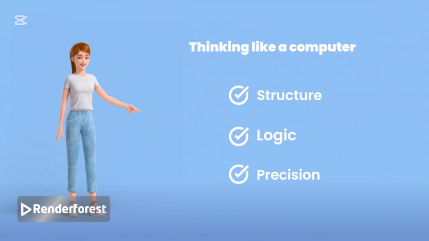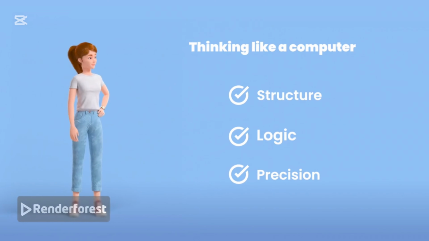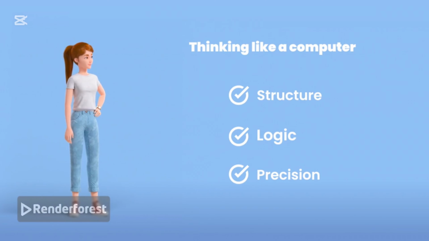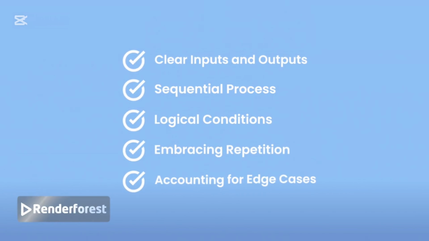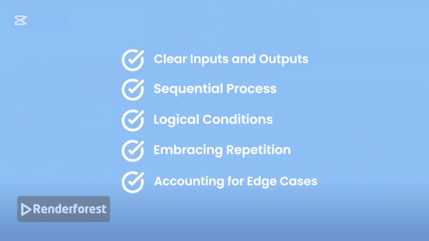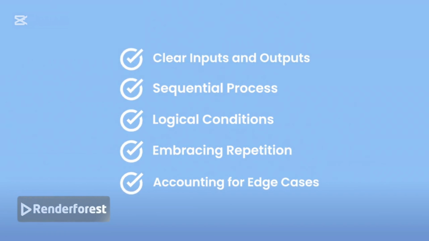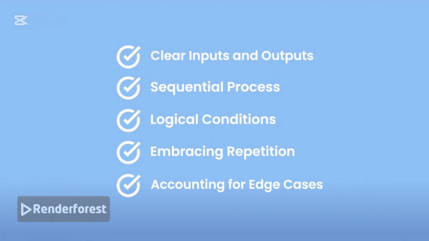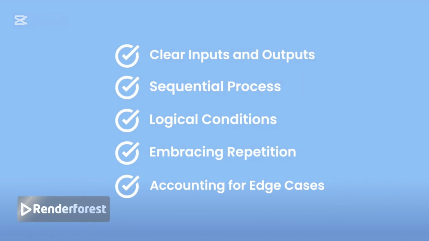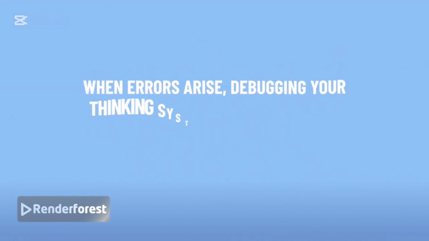So, overall, thinking like a computer involves approaching problems with structure, logic, and precision. By focusing on clear input and output, following a sequential process, using logical conditions, embracing repetition, and accounting for edge cases, you can develop efficient algorithms.